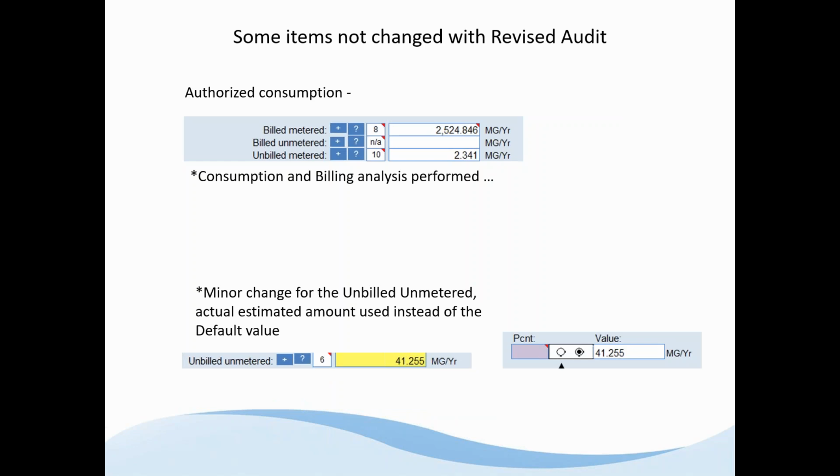Some items were not changed with the revised audit. The authorized consumption was accurate and stayed the same. For the unbilled unmetered, an actual estimated amount was used instead of the default value. They used the default value in the beginning, then went back and tracked a lot of the activities that were done and put in an actual amount to reflect a more accurate value.